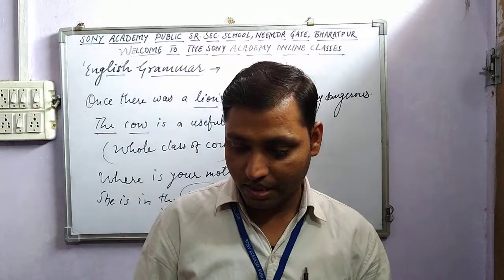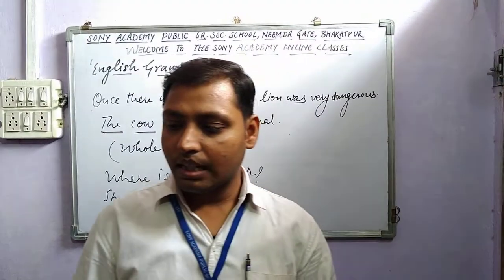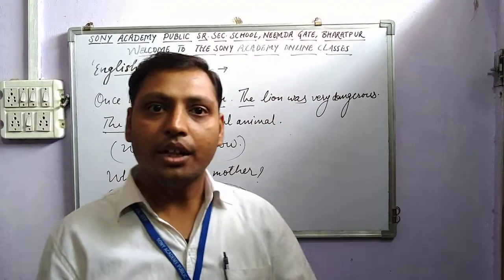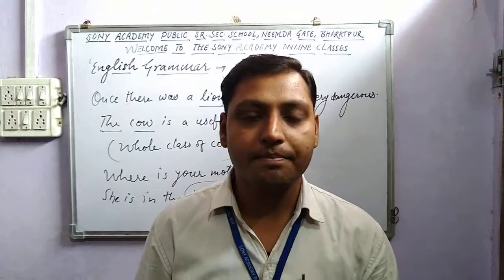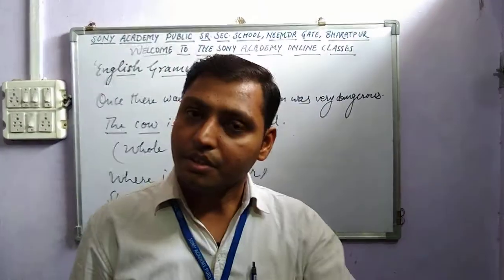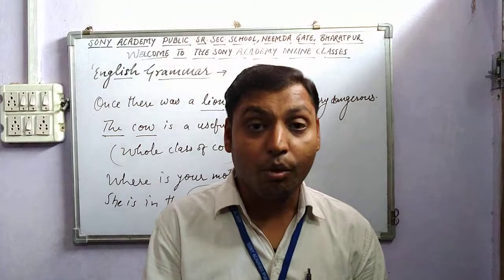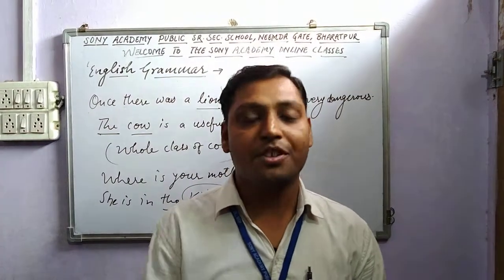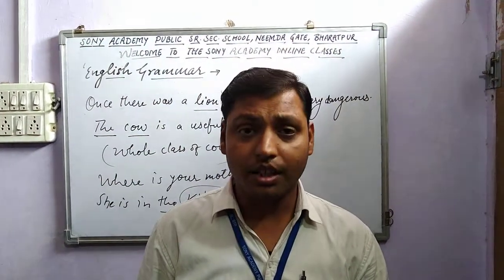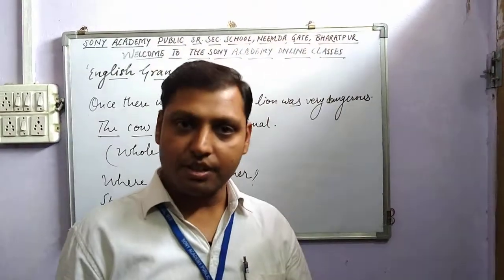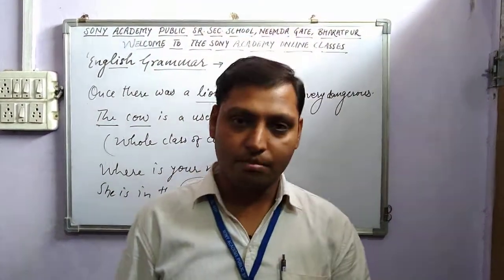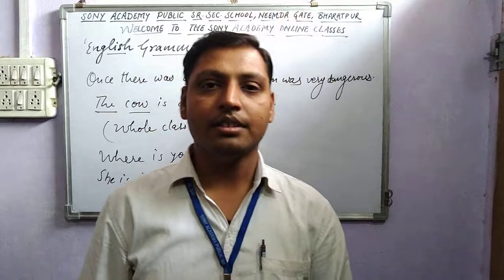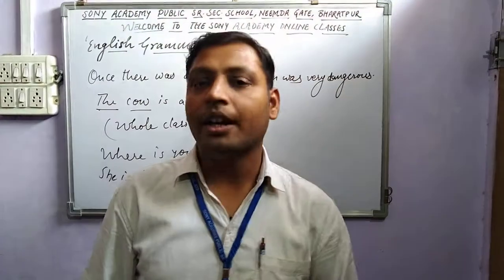Okay, dear friends. Now let us talk about its important use. It is also used before holy books and scriptures, like the Gita, the Upanishads, the Quran, the Bible, the Mahabharata, the Ramayana.